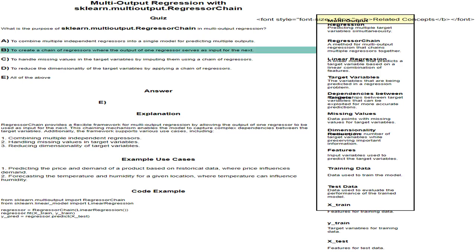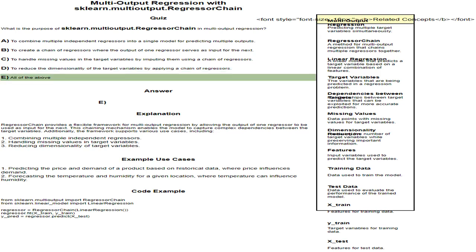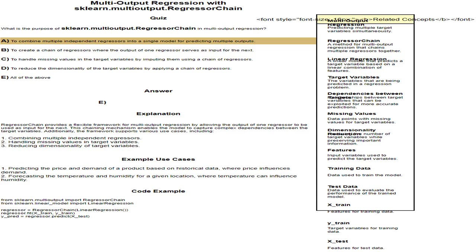To create a chain of regressors where the output of one regressor serves as input for the next. To handle missing values in the target variables by imputing them using a chain of regressors. To reduce the dimensionality of the target variables by applying a chain of regressors. All of the above.